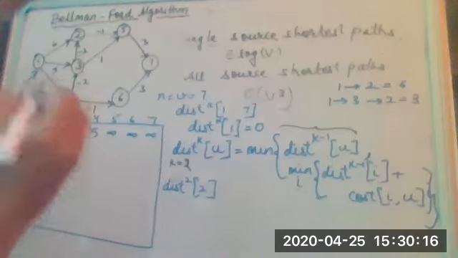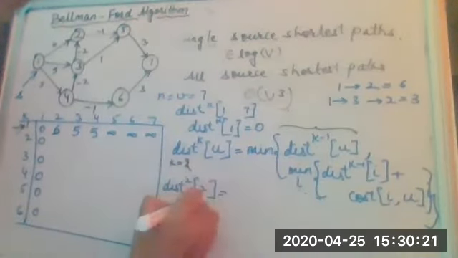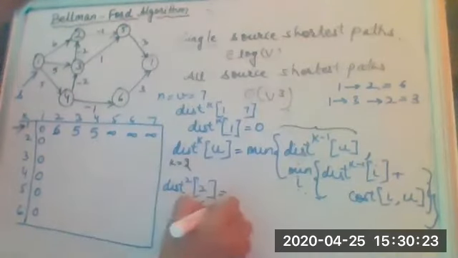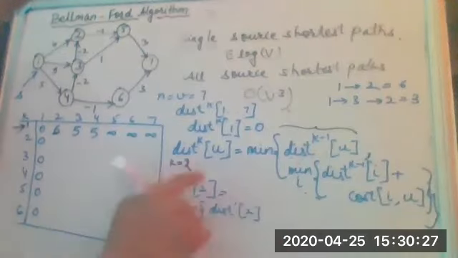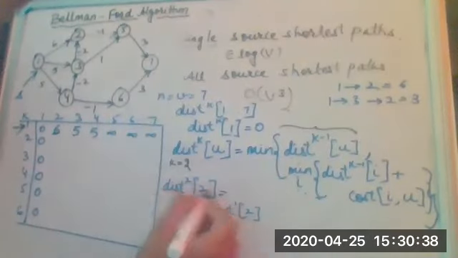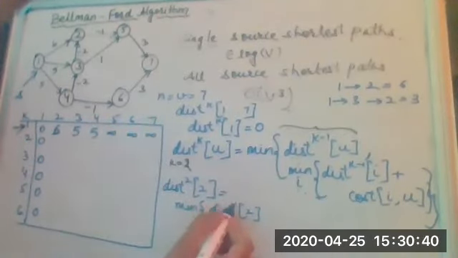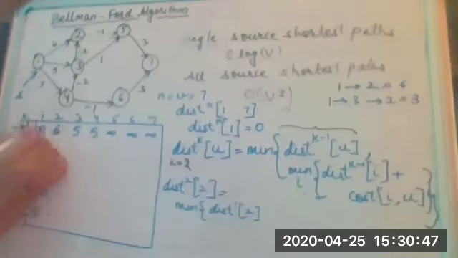So now for the second vertex, putting the values into this formula, I will have minimum of distance of 1 of 2, because I need to find it for k minus 1. So if I am going to take k minus 1 set of intermediate vertices, that will be 1. If I'm only taking one vertex, and I'm taking 2, what is that value? 6.